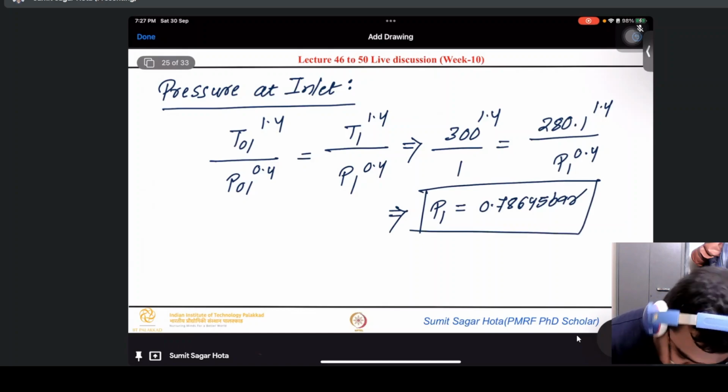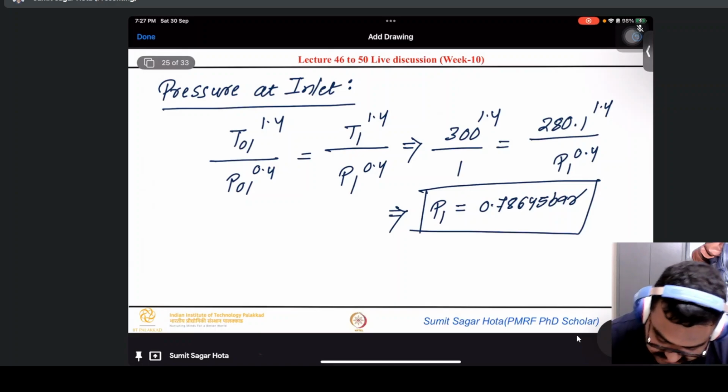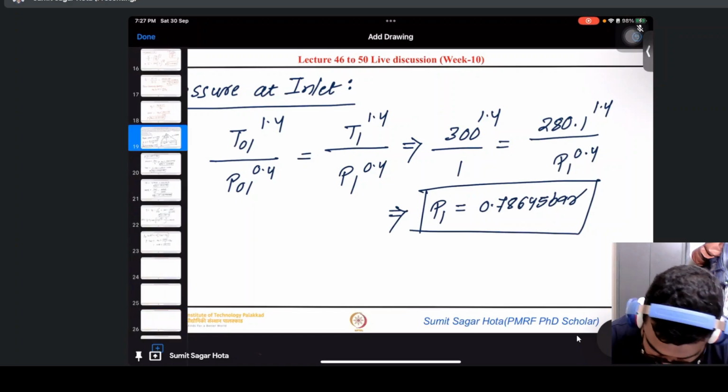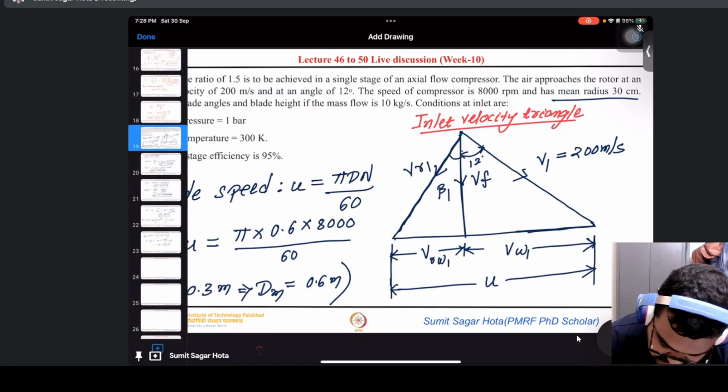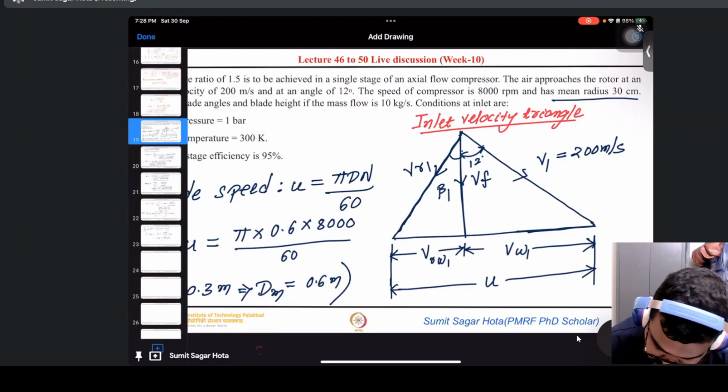You have P1, and we know the pressure ratio is always valid everywhere. If it is not mentioned otherwise, it is valid everywhere. Only the pressure ratio is mentioned. So P2 by P1.